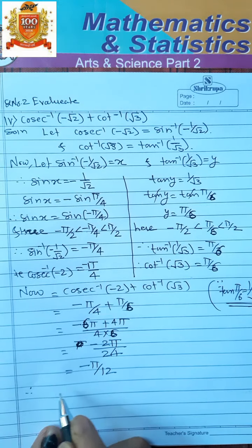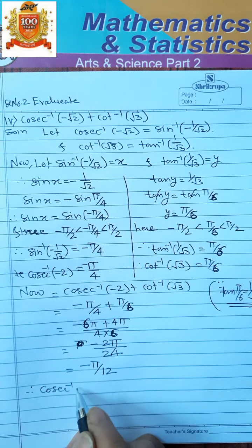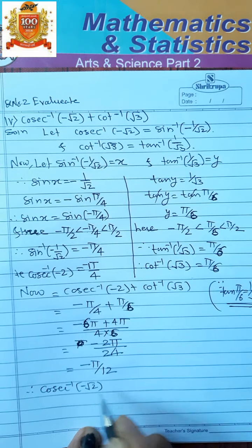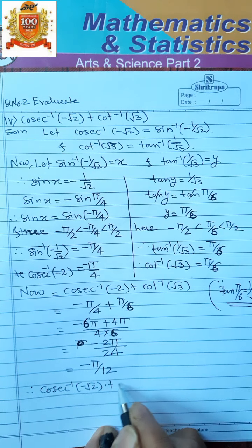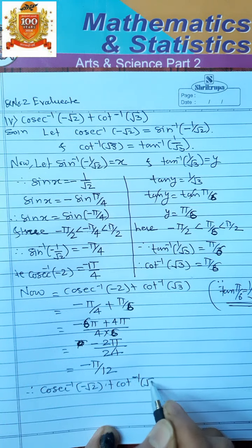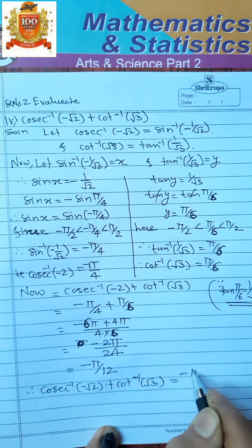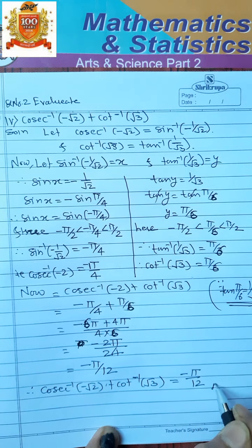Therefore, cosec inverse of minus root 2 plus cot inverse of root 3 is equal to minus pi upon 12. Answer.